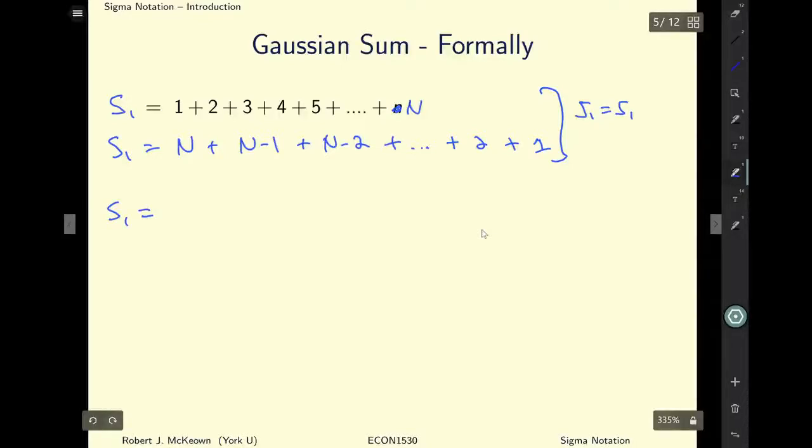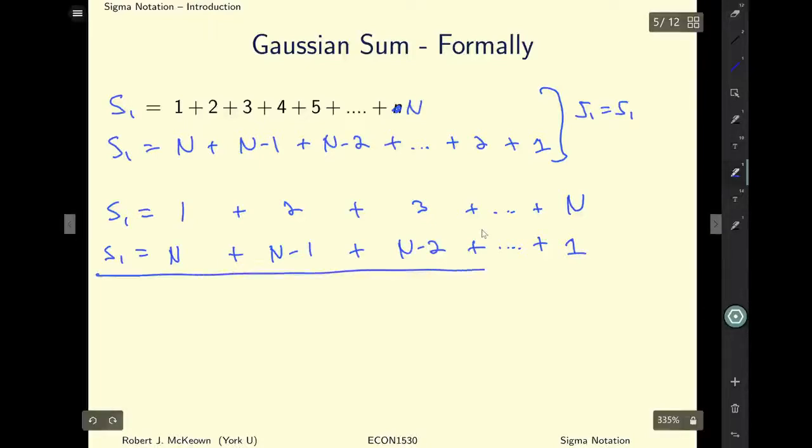I've got S1 equals 1 plus 2 plus 3 plus dot dot dot plus N. And S1 is also equal to N plus N minus 1 plus N minus 2 plus dot dot dot plus 1.